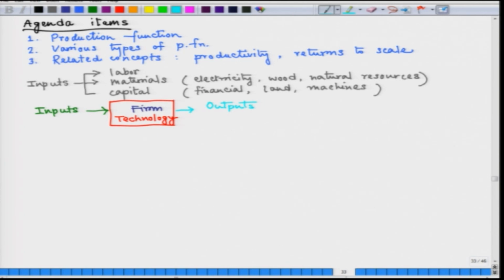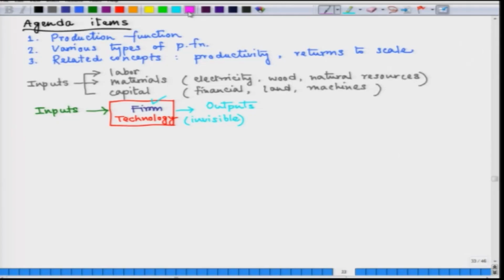Now what happens inside the firm, that is kind of unobserved, and technology is of course invisible, right. And theory of production tries to have an idea about these production processes, what takes place inside a firm.